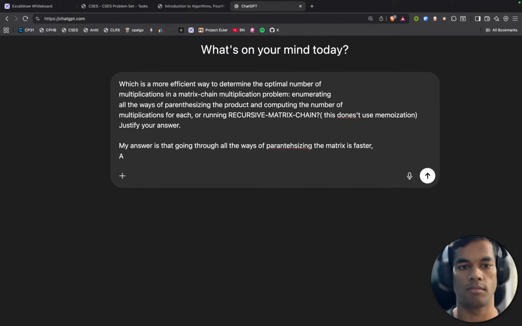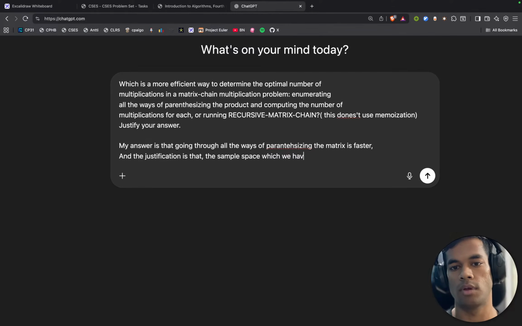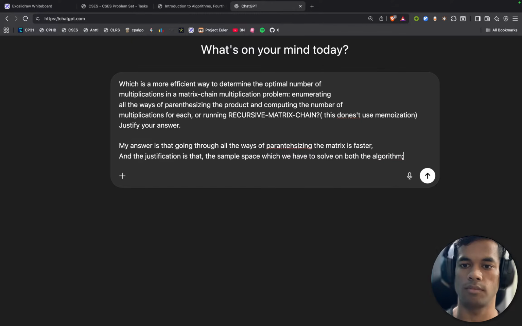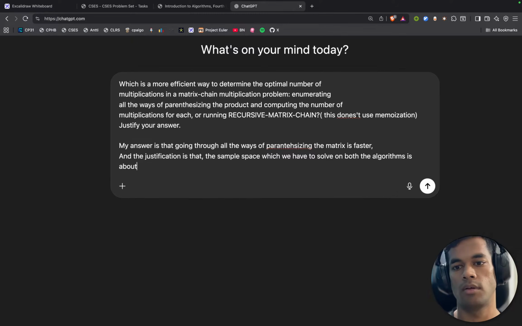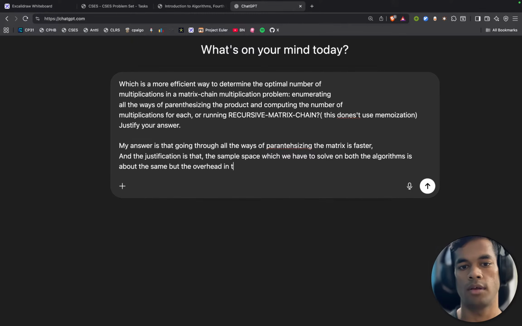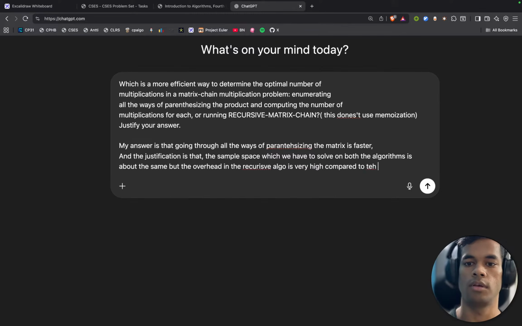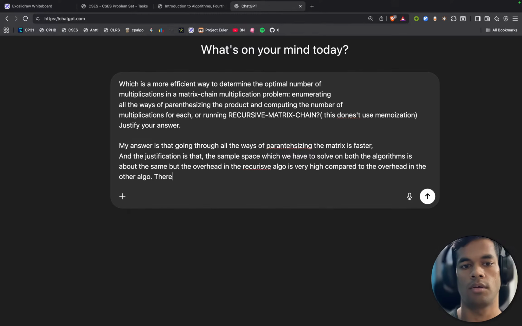The justification is that the sample space we have to solve in both algorithms is about the same, but the overhead in the recursive algorithm is very high compared to the overhead in the other algorithm, so the recursive algorithm is slower due to high overhead.